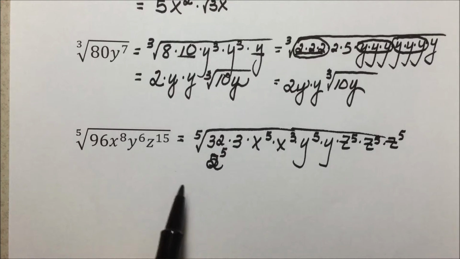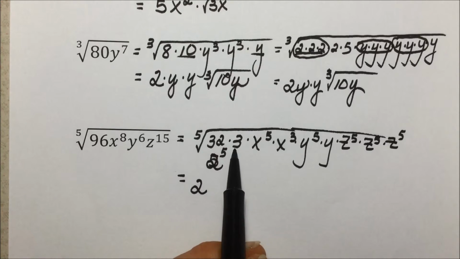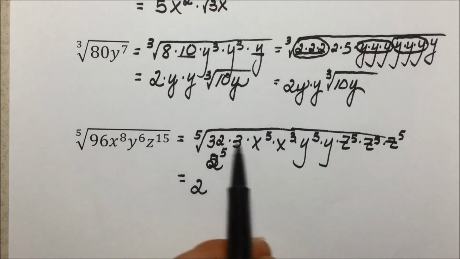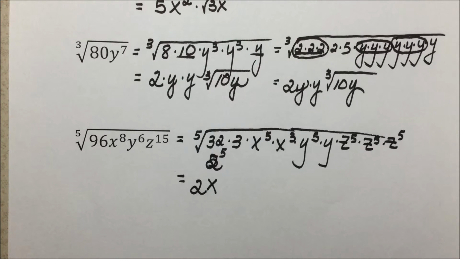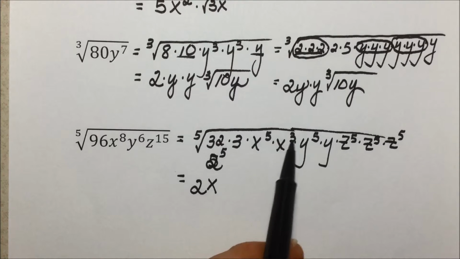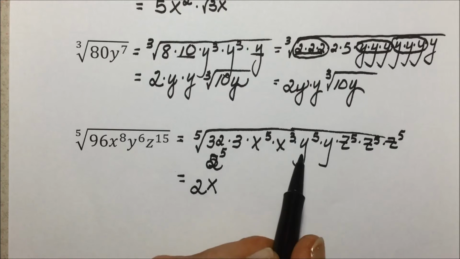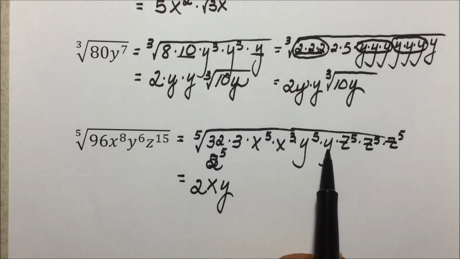The 5th root of 32 is a 2. There's only one 3. We'll leave that underneath the radical. The 5th root of x to the 5th means x is the perfect 5th root. X to the 3rd, not high enough power, but y to the 5th is. The 5th root of y to the 5th is a y. Not enough with the y.